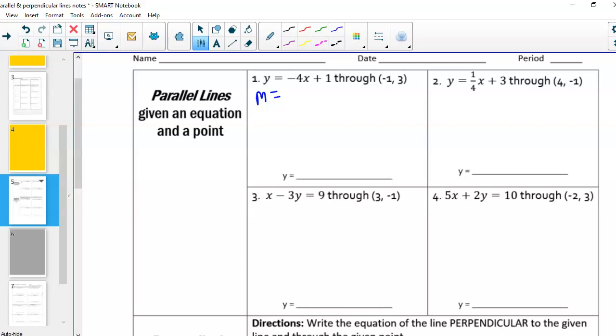M is your slope, but what would your slope be of your new equation if it's parallel to this? -4, because for parallel lines, they have to have the same slope. So our new slope is actually going to be the same slope.